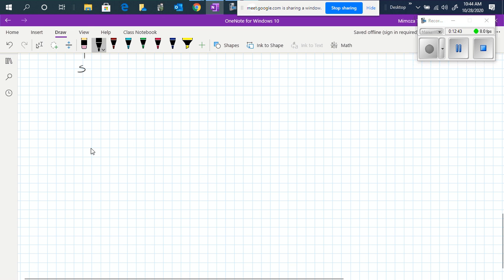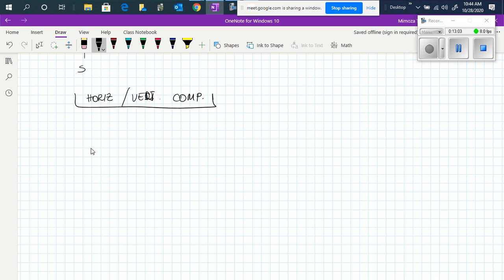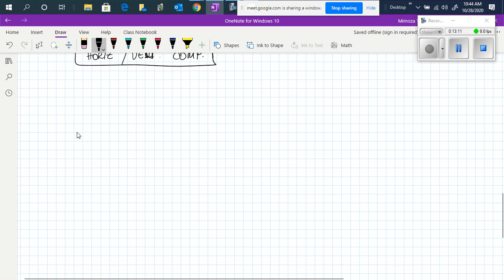Now, why is it important to know how to represent a vector graphically? Because we find the horizontal and vertical components of the vector. Why do we do this? Because we need to operate with vectors, and the way that we operate with vectors is by finding the horizontal and vertical components of the vector.